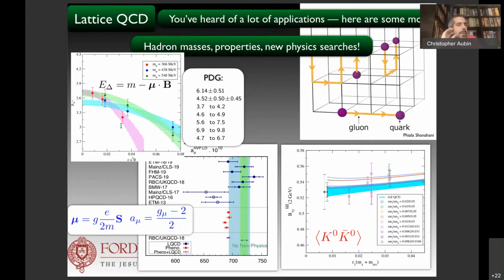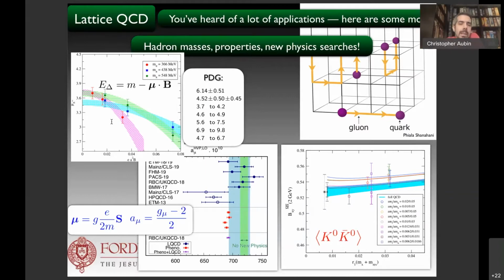So it doesn't live very long. And so it's very hard to measure properties of the delta. However, if we trust what we can do with lattice QCD, which means we have an understanding of all the uncertainties and errors, then we can do a calculation for a property of the delta baryon and then use that as our known value of that instead of using experimental results.